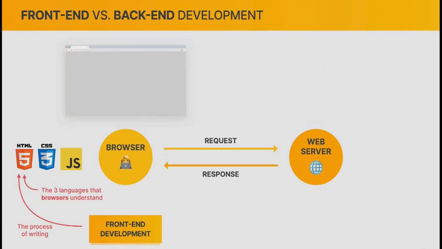And this time, let's try to understand what would happen when we try to access a website like udemy.com. So once again, the first step is that a request is sent to the web server where udemy.com is hosted. Now, why is a website like Udemy so different from something like the static Omnifoot website that I showed you earlier?